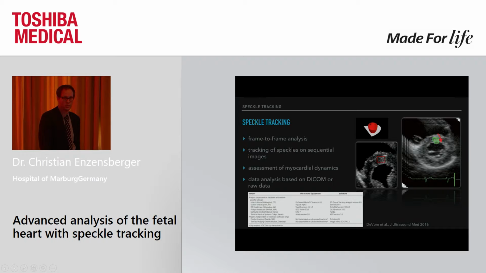This is a very important point, because when you read all these published data, you will notice that one reason they are not comparable is that, depending on the software you use, it is either based on the normal DICOM data, which is, as we all know, 30 frames per second, or on the acoustic frame rate, which is the frame rate you can see on the screen of the machine.